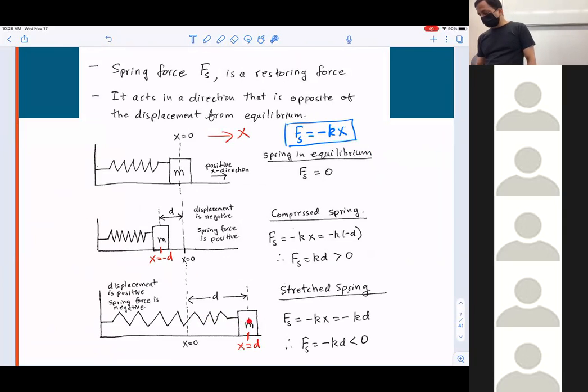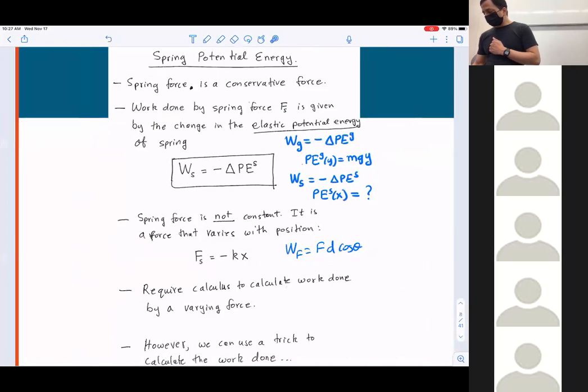So when the object is stretched by this much, there's some spring force. Then when I move it to this new position, the spring force is even bigger. And then when I move it to this final position, the spring force is even bigger. And this is the total distance d that I've traveled. But I don't know what value of the force I need to put here, because at every point in that journey, the value of the force was changing.